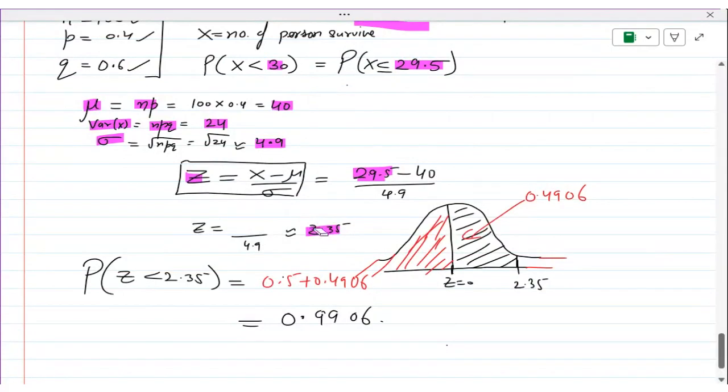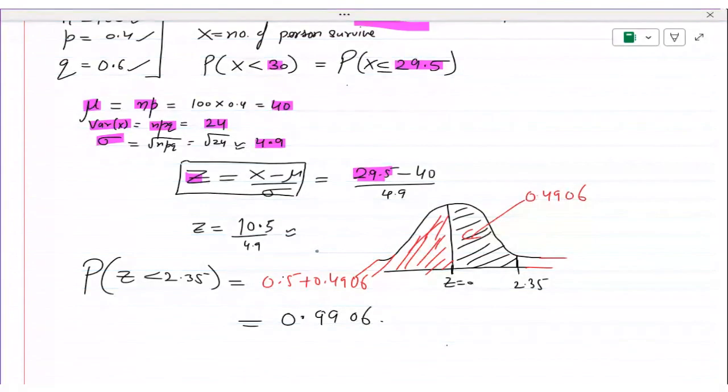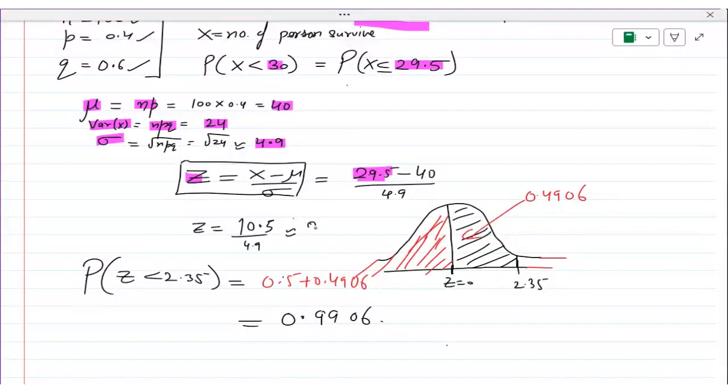So this value will also be corrected. 10.5 divided by 4.9 is 2.142, so it is 2.14. Now we have to correct all this. So actually, 2.14.